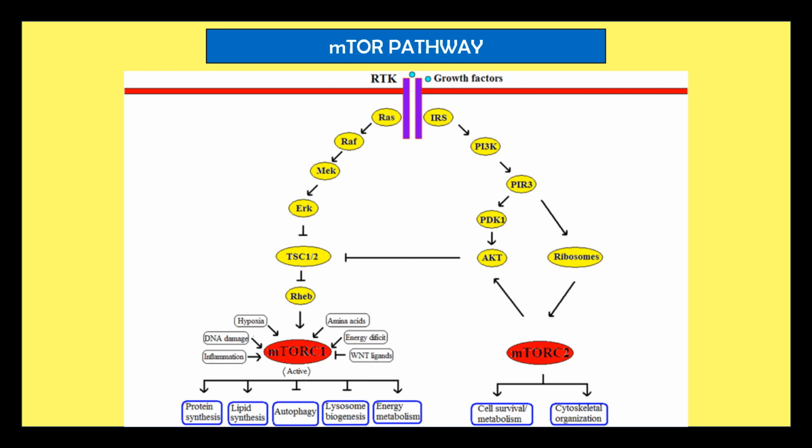TOR exists in cells in two functionally distinct multiprotein complexes. In mammalian cells, mTOR complex 1 contains the protein raptor. This complex is sensitive to rapamycin, and it stimulates cell growth by promoting protein synthesis and by inhibiting protein degradation. mTORC1 promotes protein synthesis by phosphorylating the EIF4E binding protein 1.